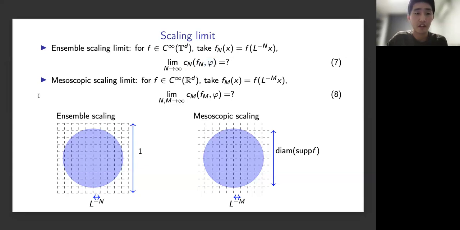And there is a different limit regime, a mesoscopic scaling limit. In this case, there's a smooth function f in d-dimensional space. And again, take the discretization f_m and test this function phi against f_m.